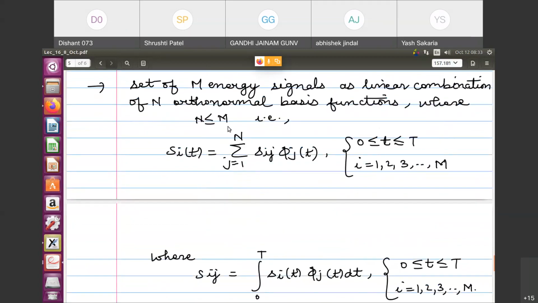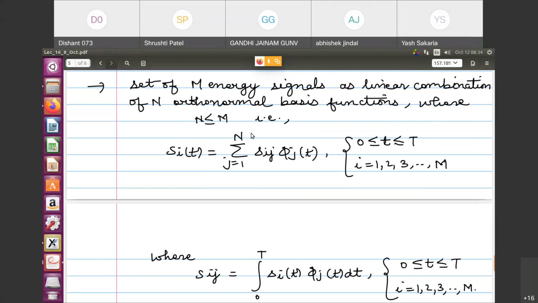Then we said that let us say we have a set of M energy signals, as linear combinations of N orthonormal basis functions. Now this orthonormal term simply means that all these N functions are orthogonal to each other. Secondly, each one of them has a unit norm, or their energy is unity. They have been normalized.